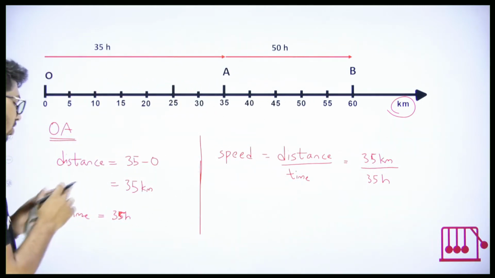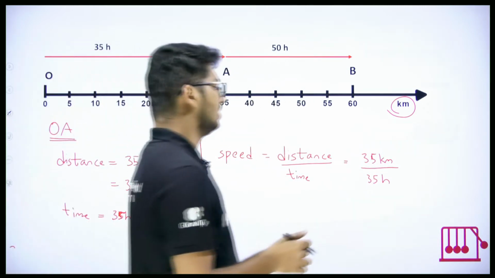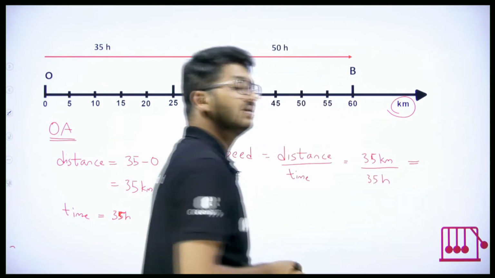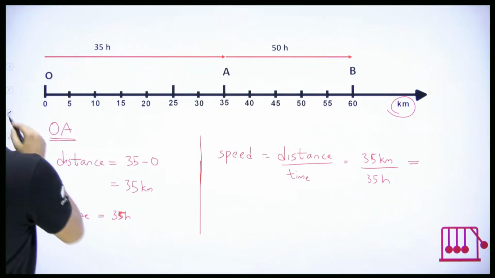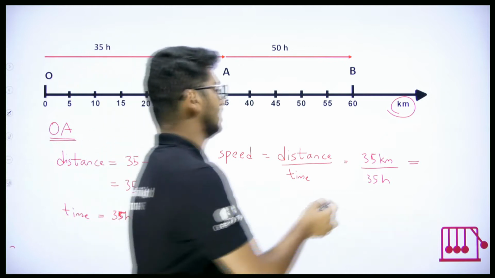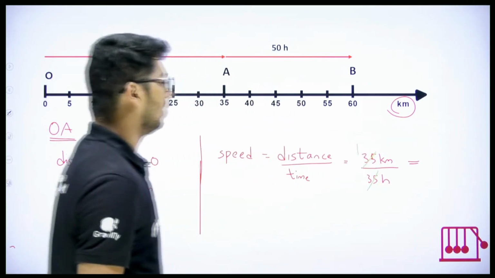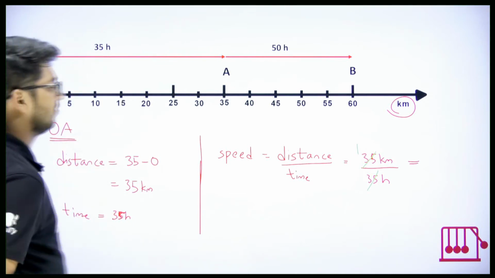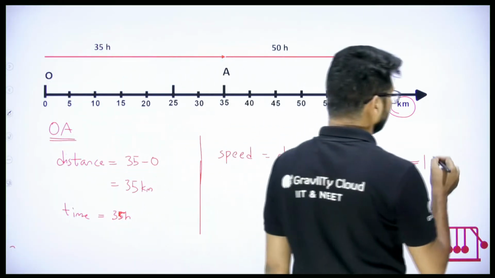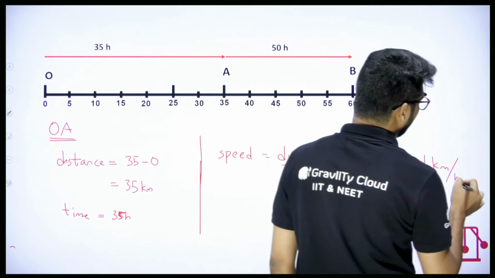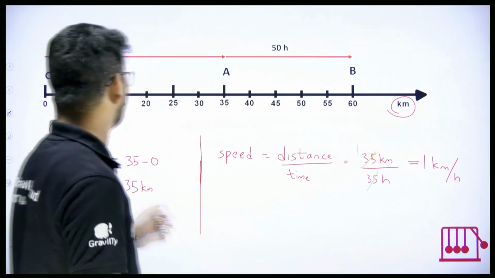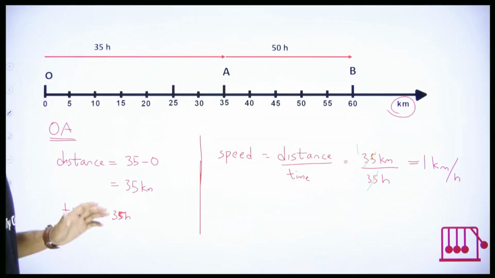Distance is 35 kilometers. Time is 35 hours. 35, 35. Can you cancel them? Yes. 35 ones are 35. So what will remain? 1 will remain. So what is the speed here? The speed is 1 kilometer per hour for OA.